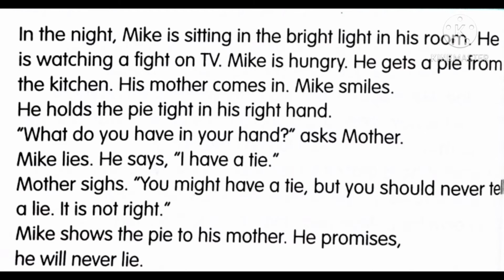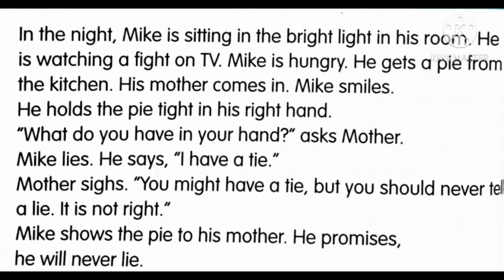You can see everywhere: Mike smiles, mother comes, he gets. So when the subject is the singular name of a person or a thing, we use this verb form. He holds the pie tight in his right hand.